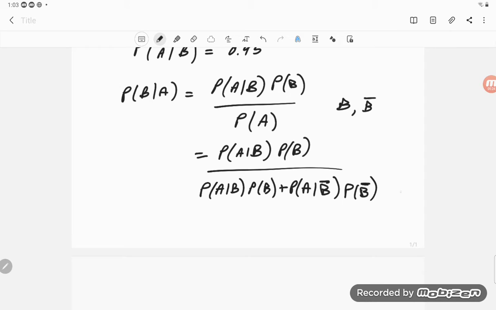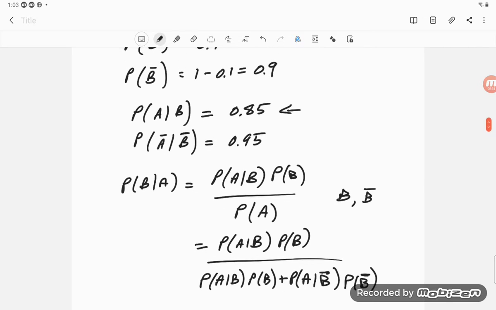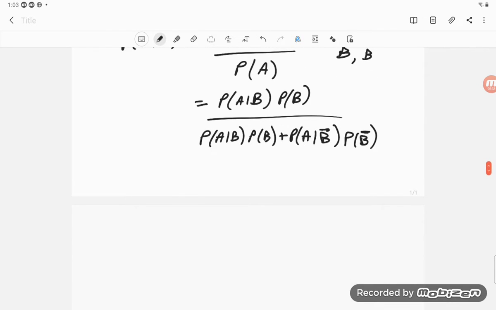So we just have two disjoint sets, and now I can evaluate all those things.